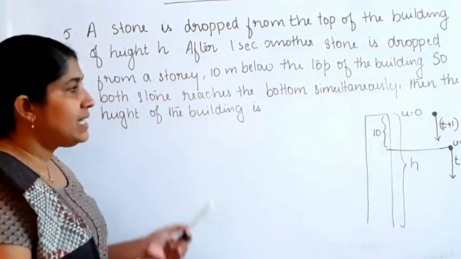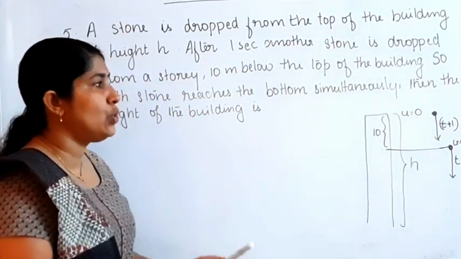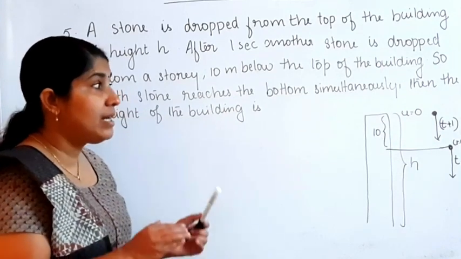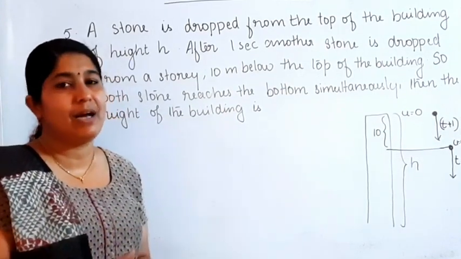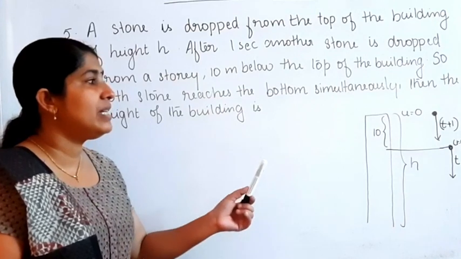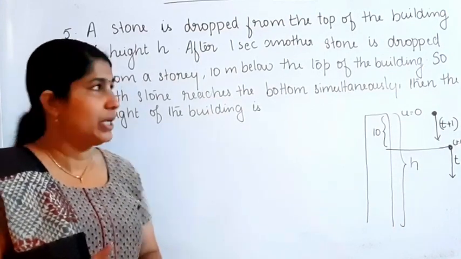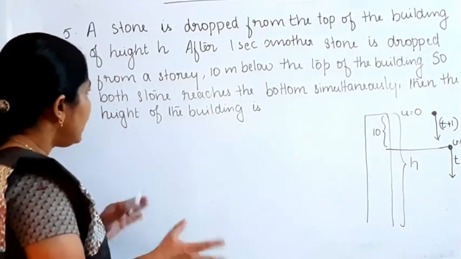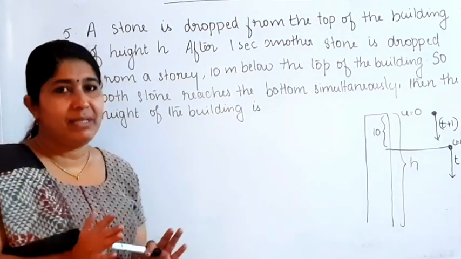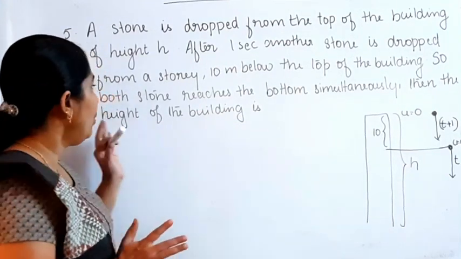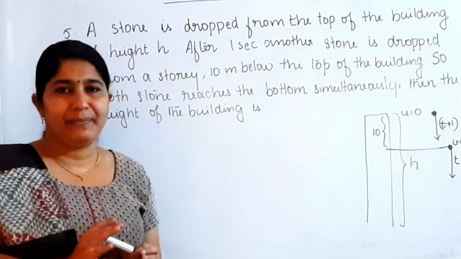If t plus 1 is the time taken by the first stone to reach the ground, then t is the time taken by the second stone to reach the ground. And these two stones reach the bottom simultaneously. Now we want to find out the height of the building.